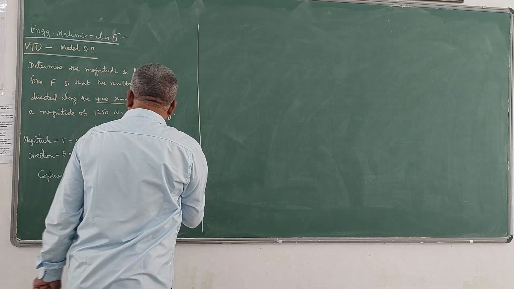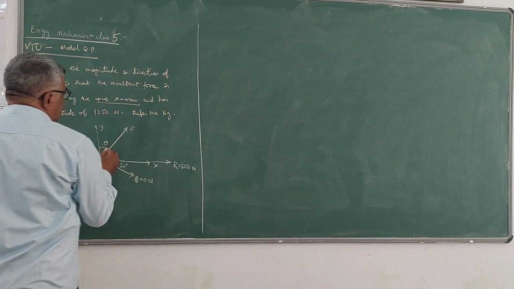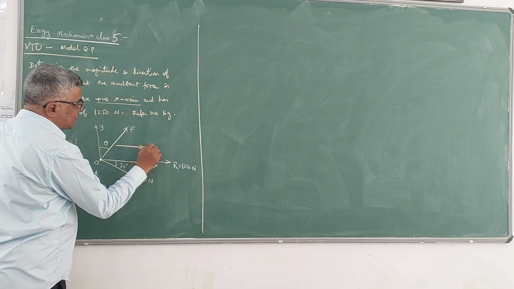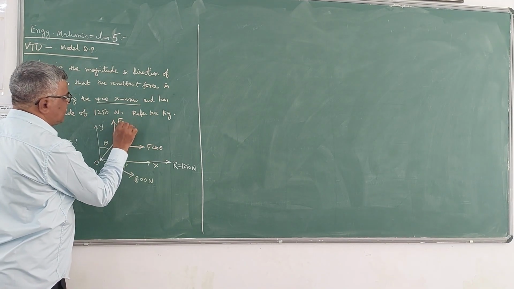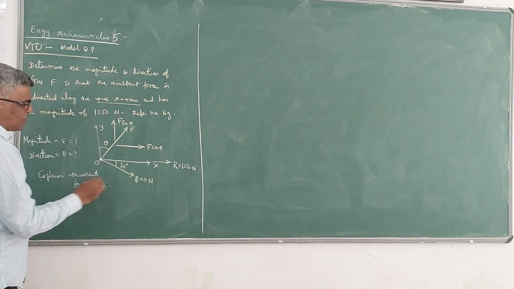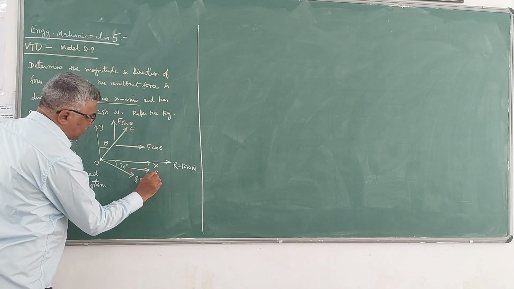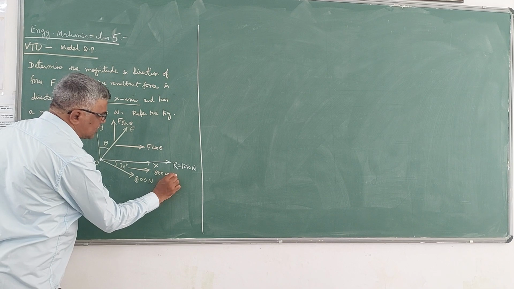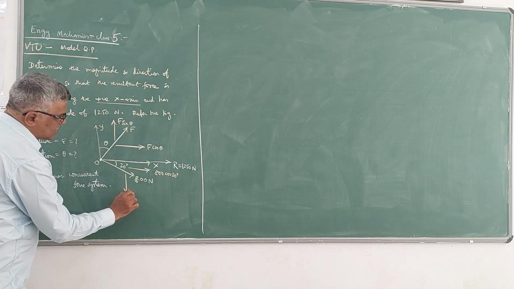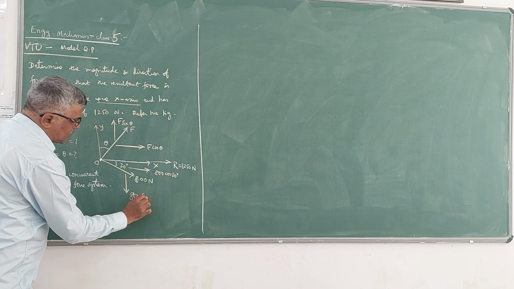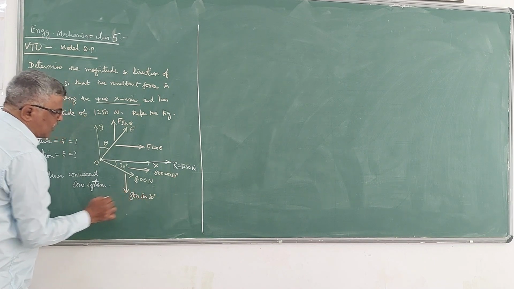If you resolve this force F, you can see that this can be F cos theta and this will be F sin theta. If you resolve this 800 Newton force, horizontal component will be 800 cos 30, which is acting towards right. Vertical component will be downwards, 800 sin 30, which is acting vertically downwards.